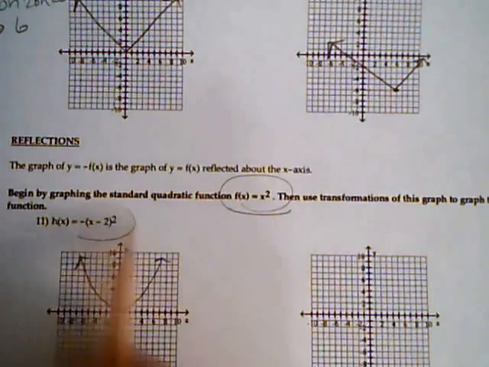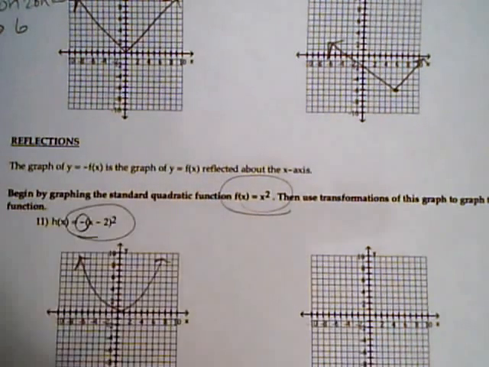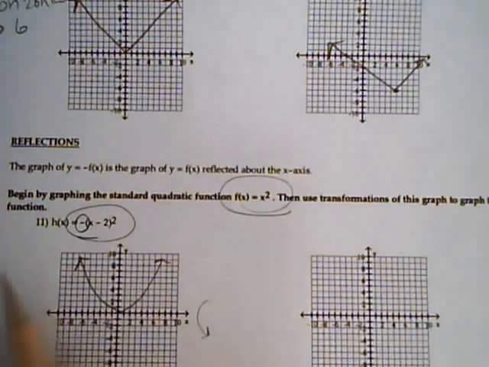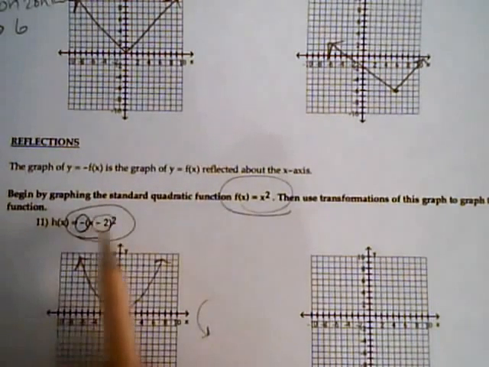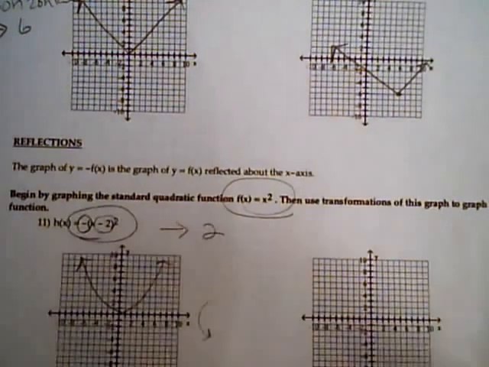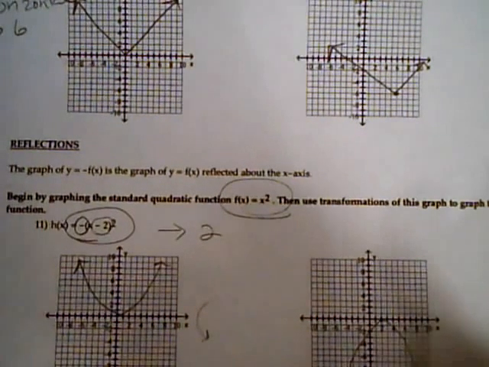And we actually have two things going on here in the equation. The negative sign means that it's going to be flipped over or reflected about the x-axis. And then the negative 2 inside the container means it's going to be shifted to the right 2 units. So let's think about if I'm at 0, 0, I'm going to shift to the right 2 and reflect. So my parabola is going to be going down, but also shifted to the right 2.